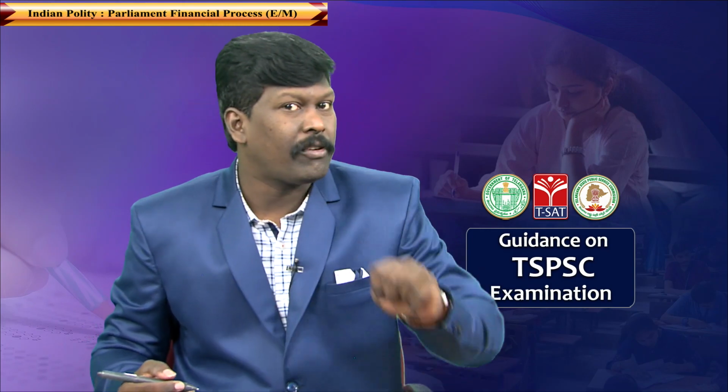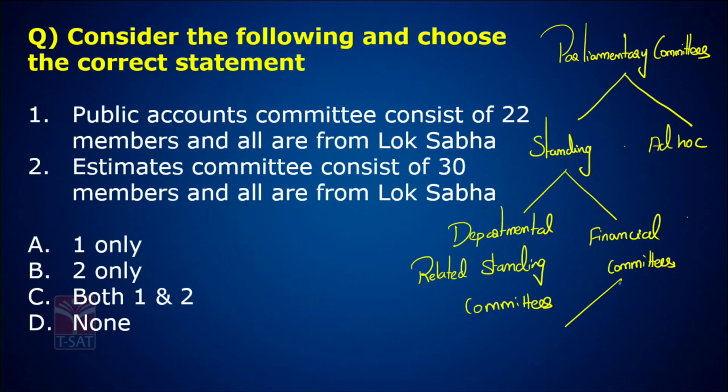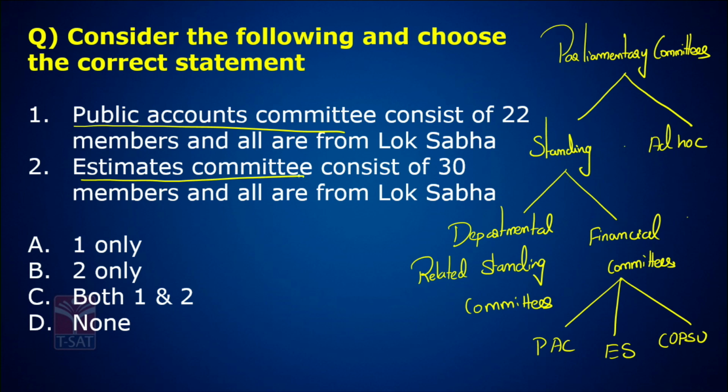But there are three types of financial committees: Public Accounts Committee, Estimates Committee, and Committee on Public Sector Undertakings. Now the question is about Public Accounts Committee and Estimates Committee. I will get back to this question, but let me also tell you one more point.